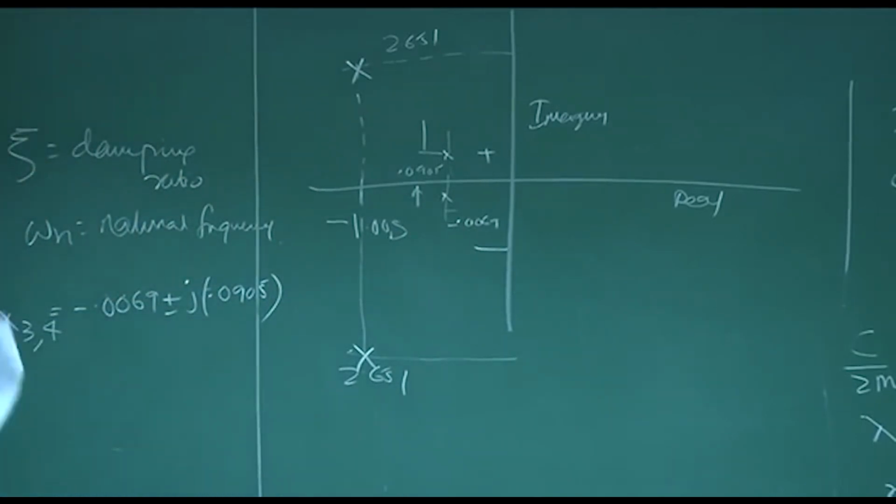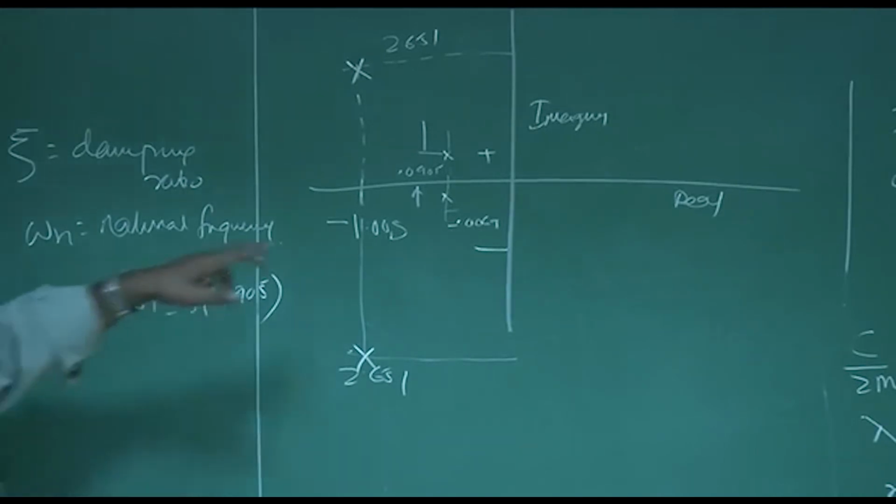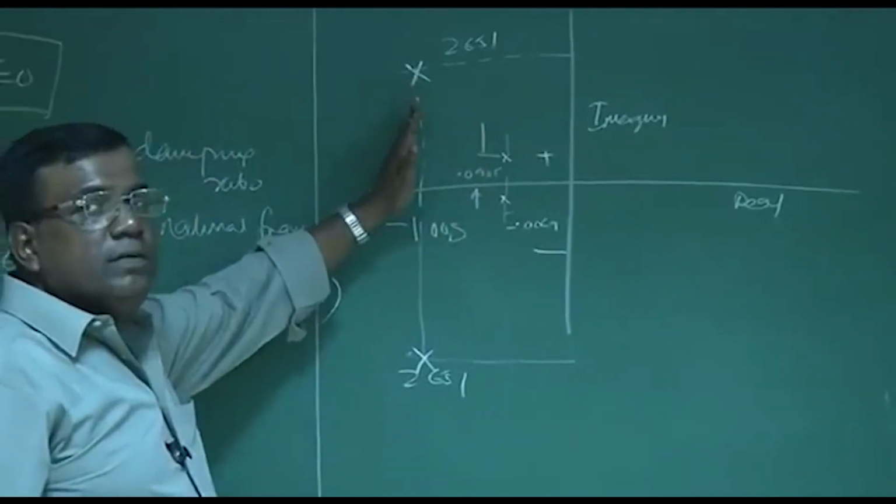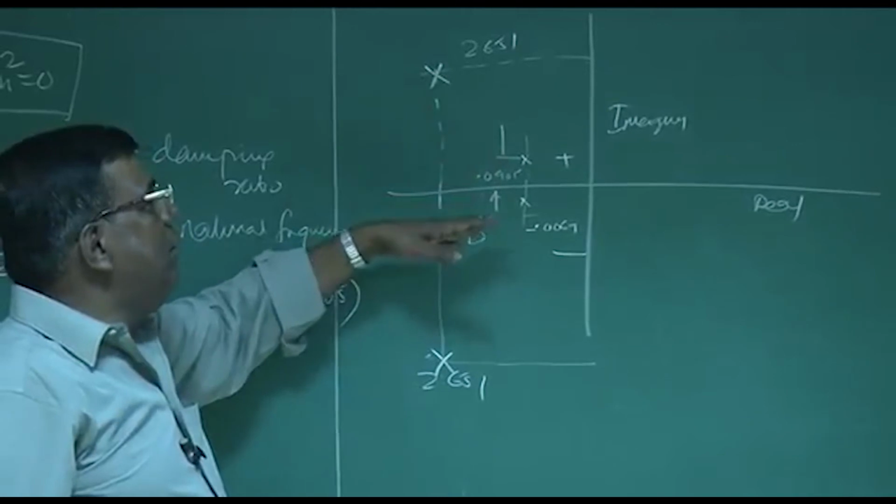So immediately you could see, if roots are displayed like this, this is one complex conjugate, one complex conjugate. So there are two pairs of complex conjugates.